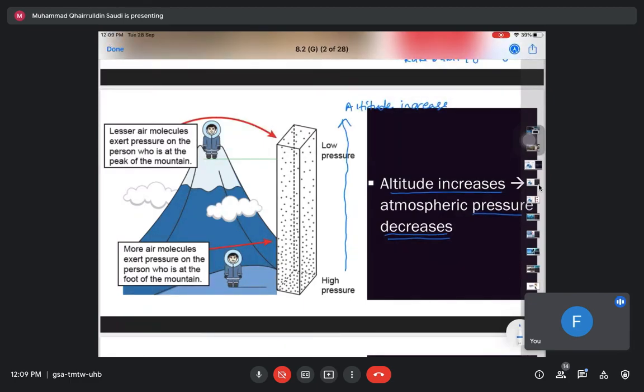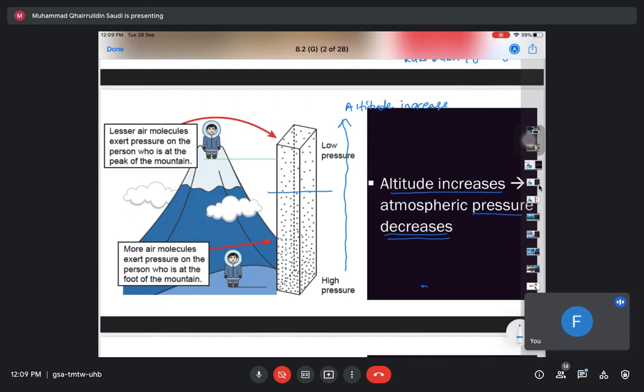Atmospheric pressure is because of the air molecules around us, okay, and the atmosphere acting on things on Earth. So at the ground, there are more air molecules compared to the air molecules at the higher altitude, okay. Why?